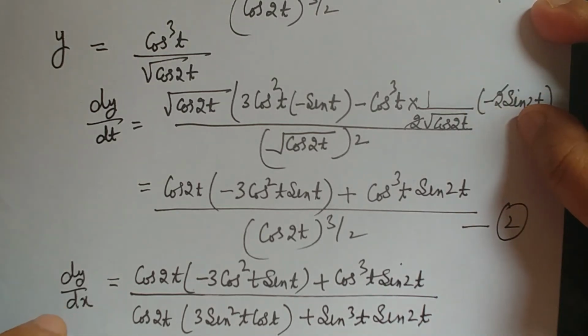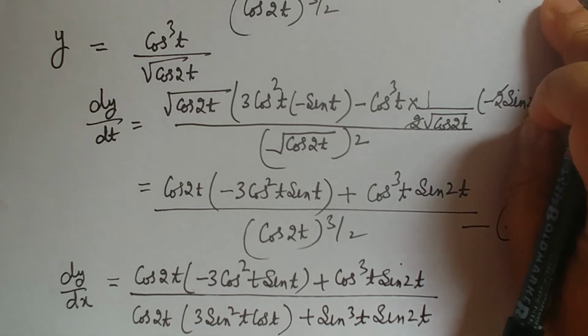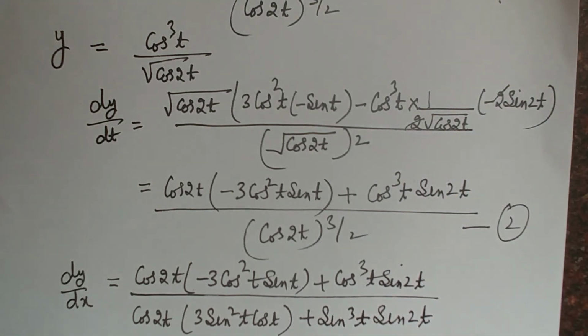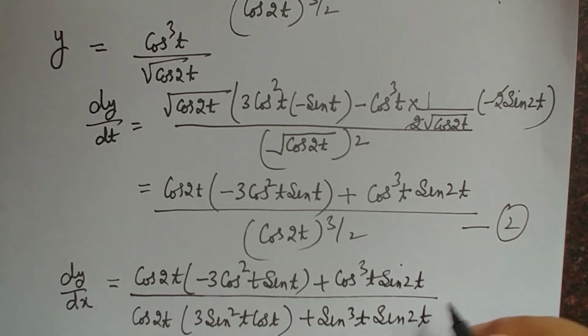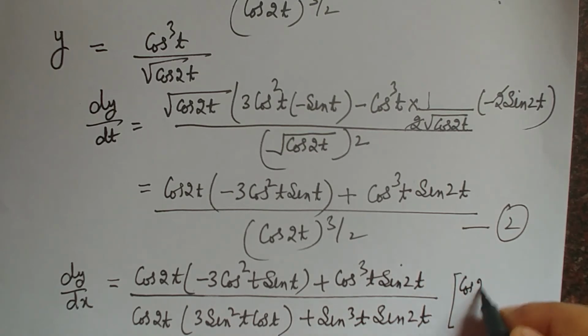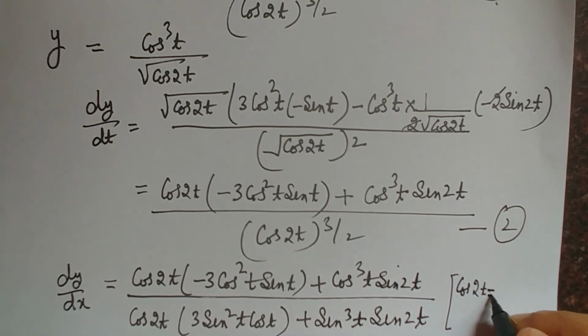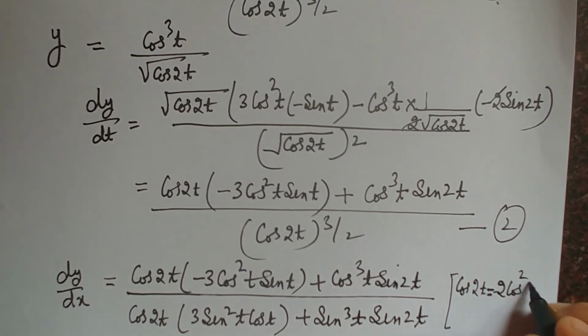From here onwards, I have to apply the trigonometrical result. I want to reduce it. So I have to open everything, but there is one criterion: how can I open? See, the sine 2t can be opened in just one way, that is 2 sine t cos t. But this cos 2t can be opened in 2 ways. It can be opened in many ways, but you know that cos 2t can be written as 2 cos square t minus 1, or cos 2t can also be written as 1 minus 2 sine square t.